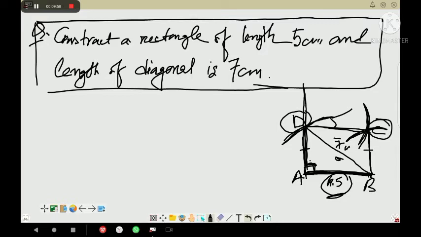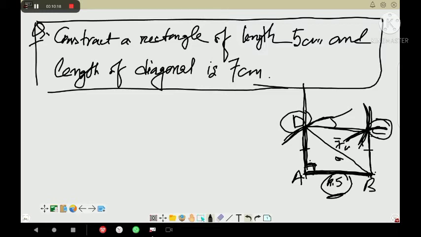We put the compass here and with the radius BC we draw this arc, and with B as a center we draw one arc of radius BC.